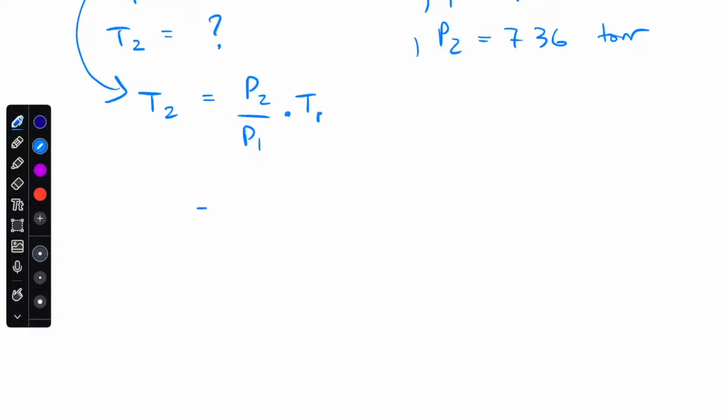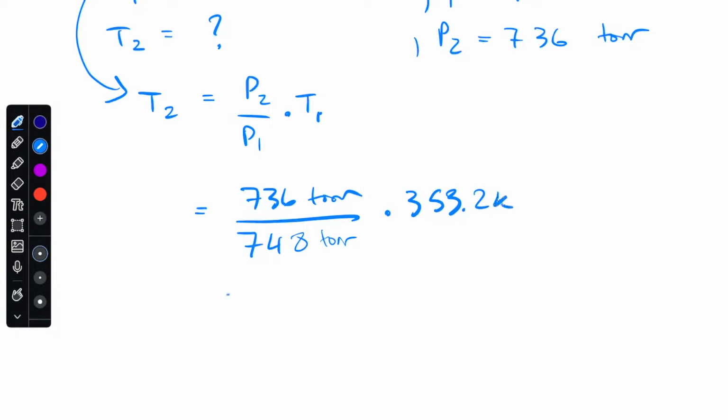All right, time to stick some numbers in. P2 is 736 torr, P1 is 748 torr, T1 is 353.2 Kelvin.